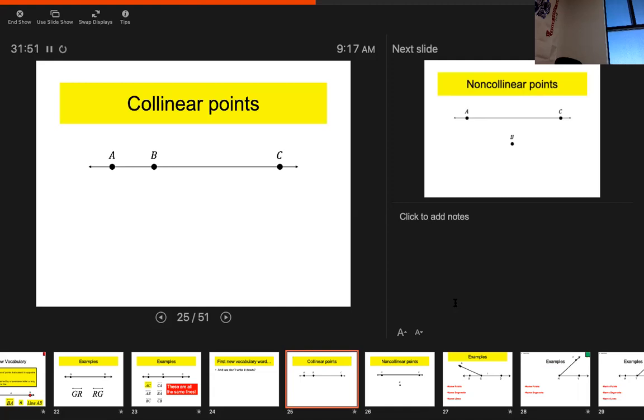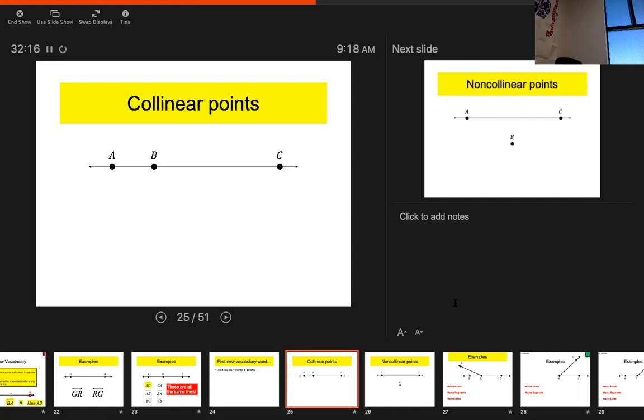What's the opposite of collinear? What does non-collinear mean? Karis, what would non-collinear mean? That means you got a point that isn't on that line. D is non-collinear to line BC, AC, or AB.